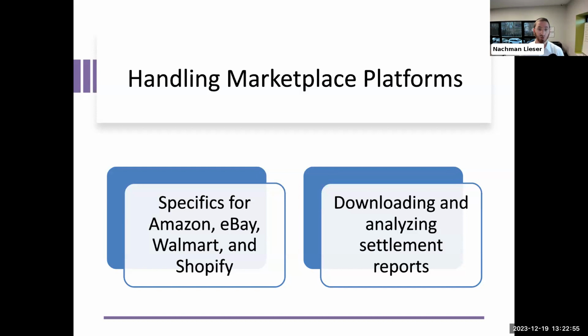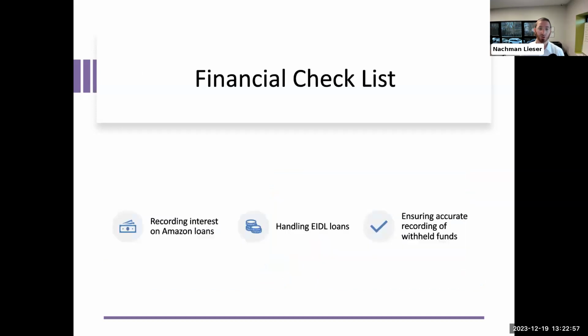Now, one of the other things we also look into is the balance sheet. One of the things we look into making sure, which I see a lot of people miss, is interest on Amazon loans. When Amazon lends you money, let's say $500,000, when they claw back, they will take it off your disbursement report. They will claw back the full amount.